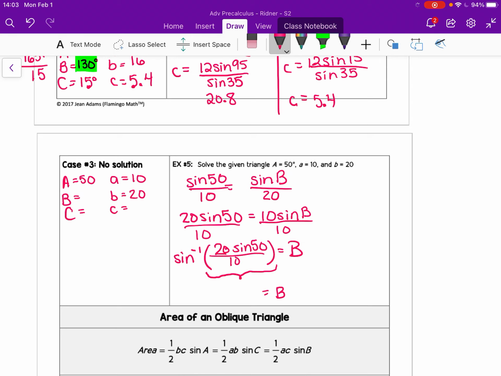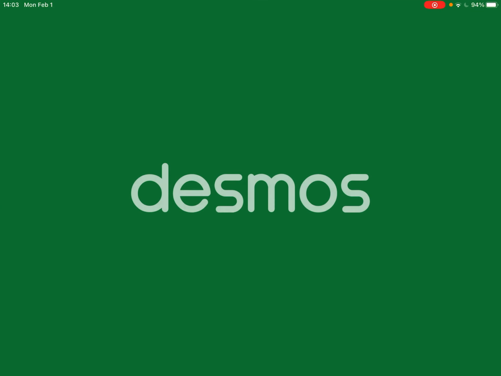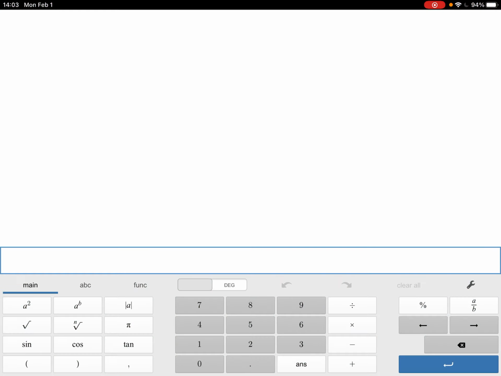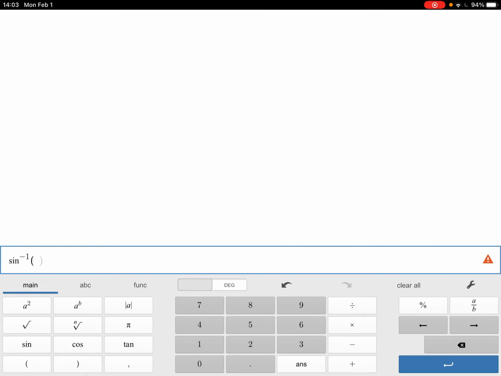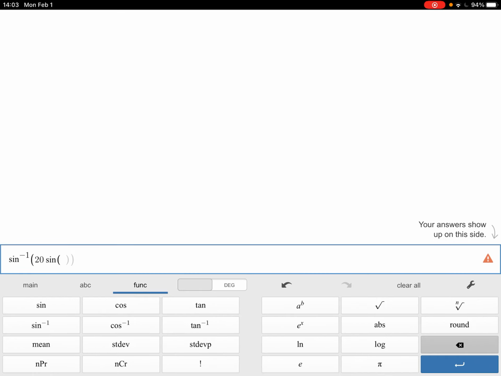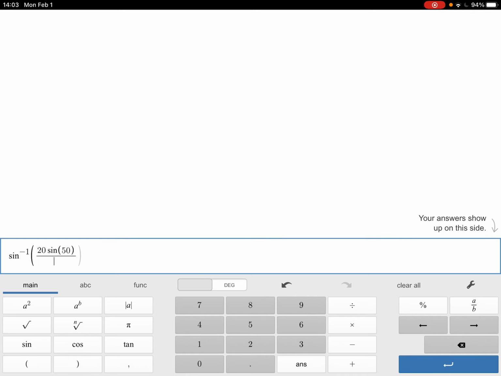Let's go back to what we had originally. We can just type that in our calculator, no big deal. Probably need scientific. And then, so we need to do sine inverse, and then 20 sine 50, and then divided by 10.